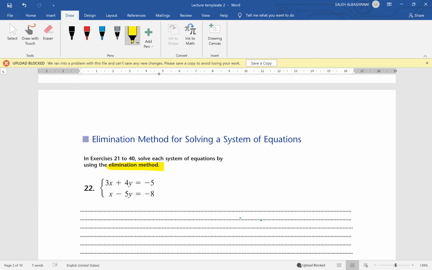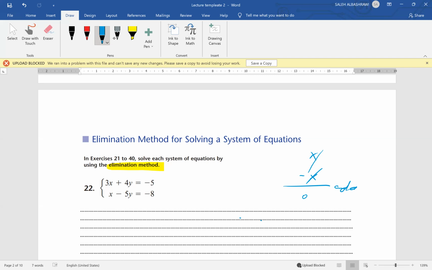To eliminate one of the variables, we add the two equations or subtract so that one of the variables will disappear. If I have x and minus x, if we add this together, this will cancel each other. I will have 0. In this case, we eliminated the variable x.